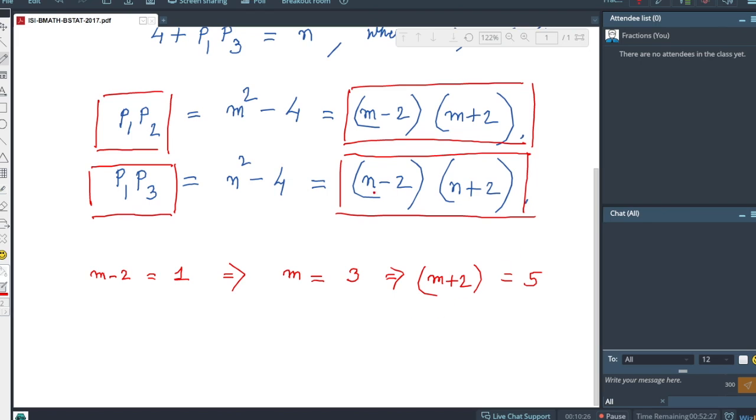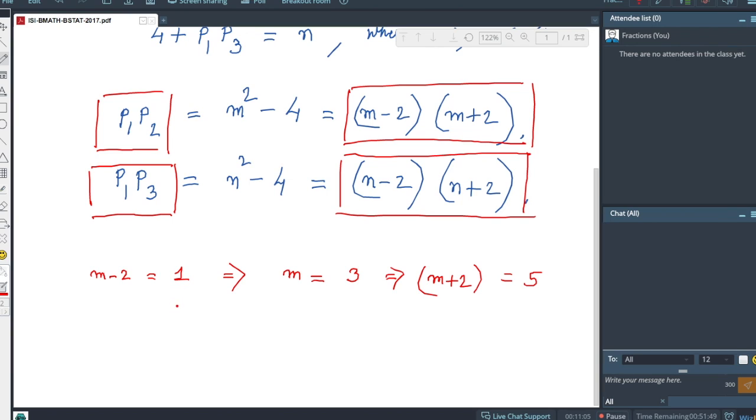A similar argument goes for the second case, the P1 P3 case, also. Now if one of the numbers was composite, it can't have more than two primes, because then we would have three or more primes on the right hand side, and only two primes on the left hand side.